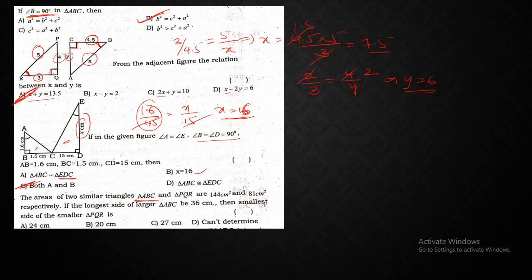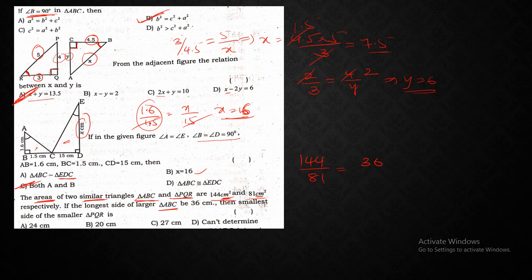Next, triangle ABC and triangle PQR are similar triangles, and they are talking about areas. By looking at the units, we can simply say 144 by 81, and the longest side of the larger triangle is 36, and then the smallest side of the smaller triangle PQR is asked.